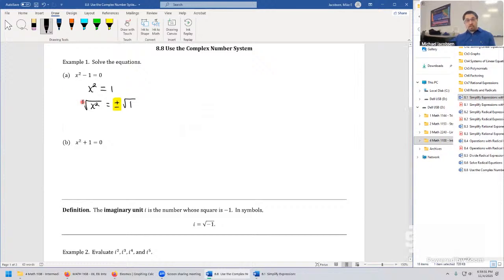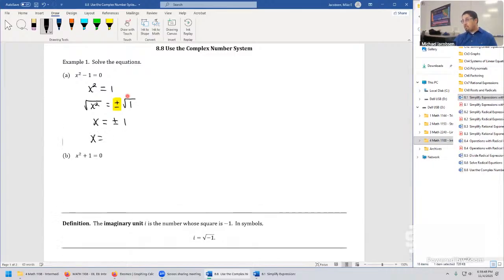There is a cancellation on the left. Square root of x squared will give us just an x. And there's 2 potential solutions. Square root of 1 is just 1, but the 2 answers are either positive 1 or negative 1. So in other words, x equals -1 or positive 1. So this is kind of a new way to solve it.